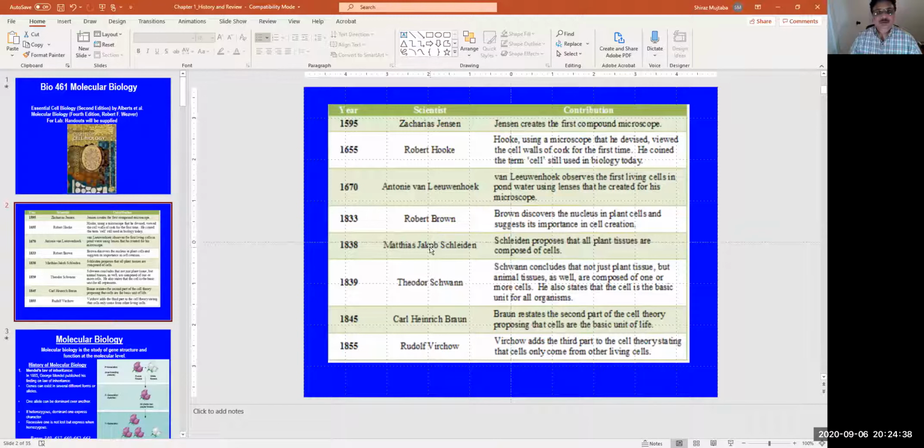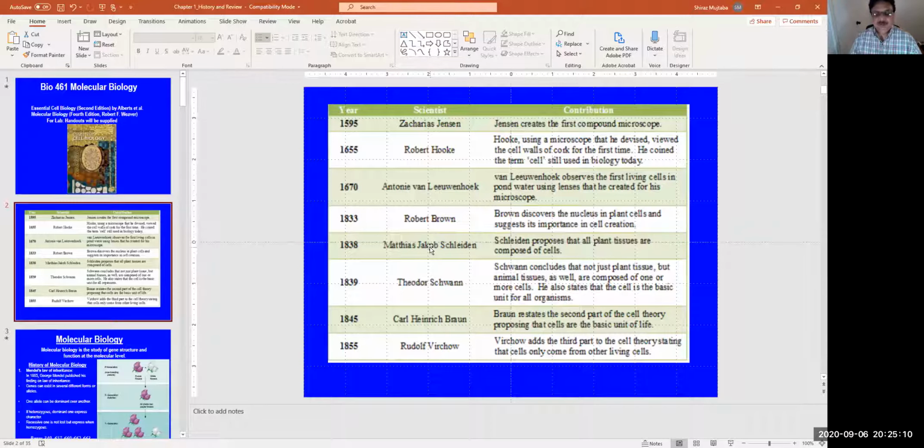In 1833, Robert Brown discovered the nucleus in plant cells and suggested that it is very important for cellular regeneration. In 1838 and 39, Matthias Jacob Schleiden and Theodor Schwann proposed the cell theory, that all plant tissues are composed of cells, and that a cell is the fundamental unit of life.